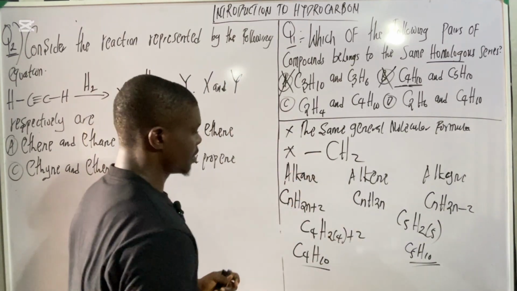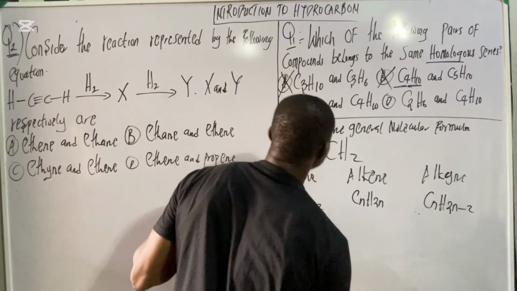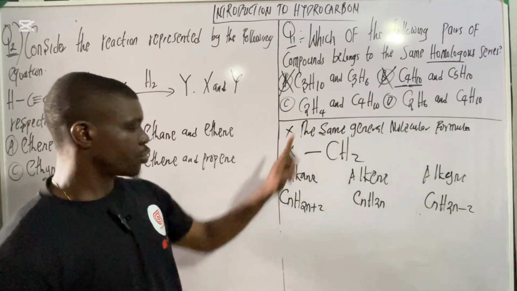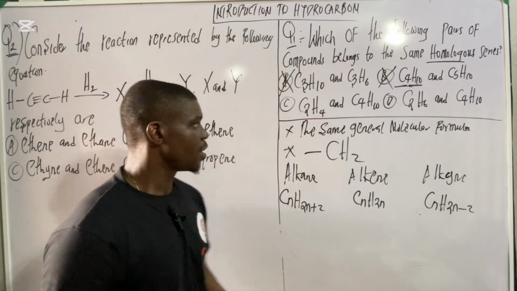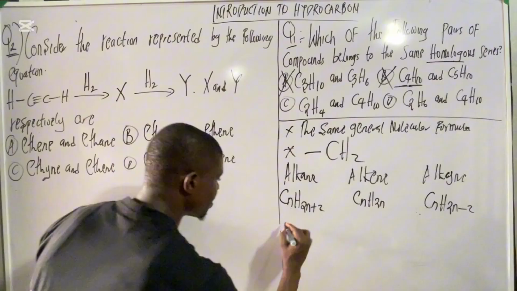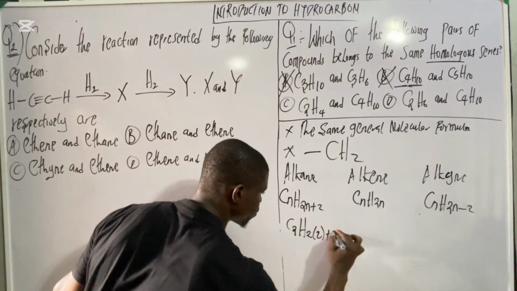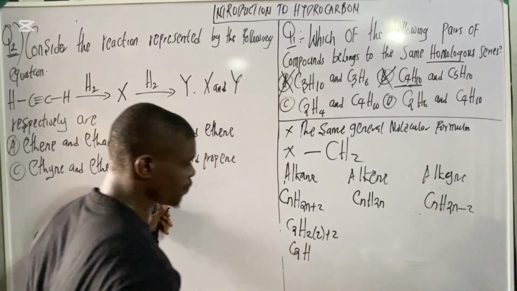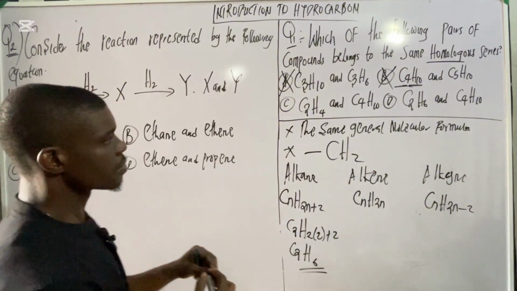So let's test C. If you test C, C is C2H4. Let's plug 2 here and 4 here. If you plug 2 here, you have C2H, 2 times 2 is 4, plus 2 is 6, right?